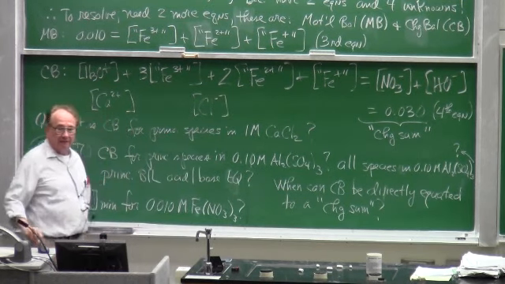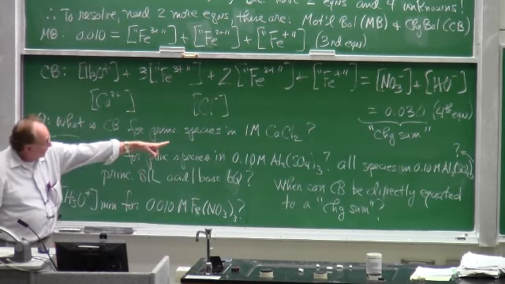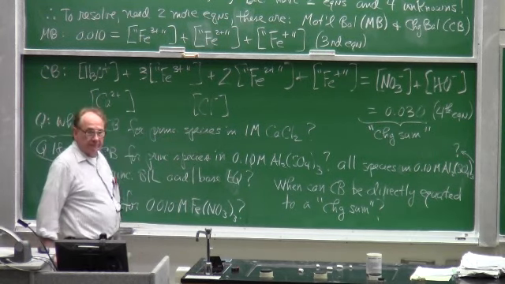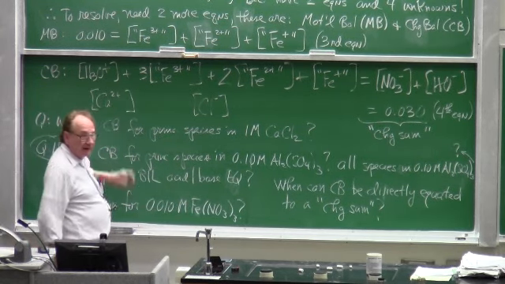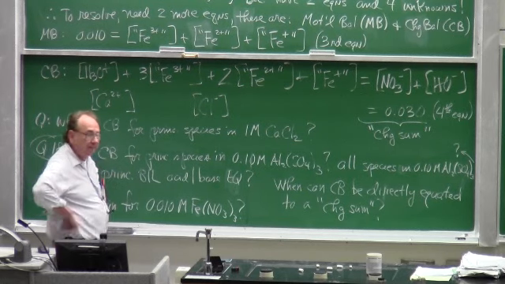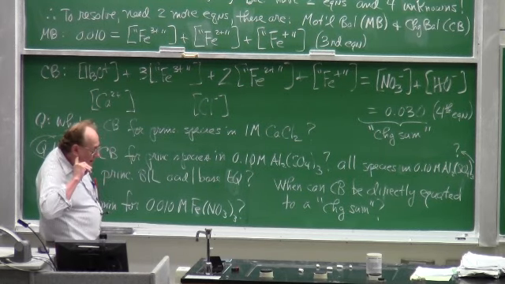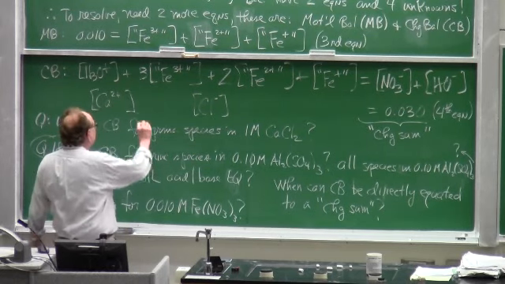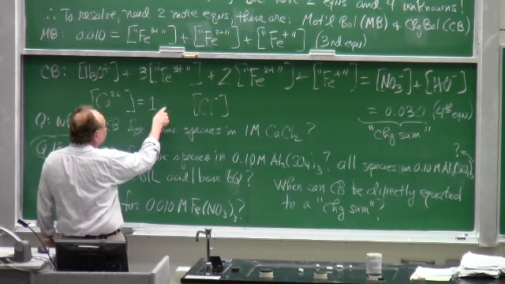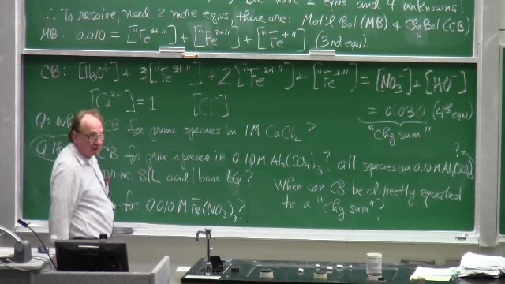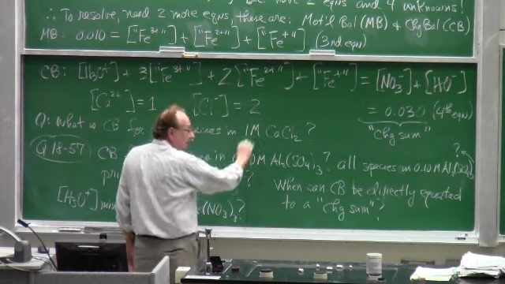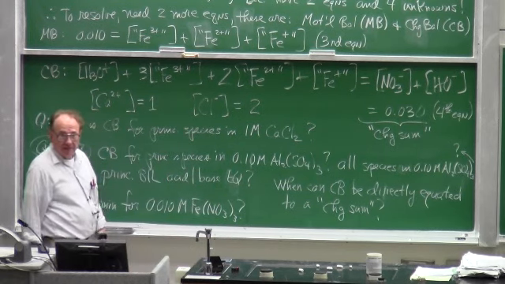Nothing fancy about that. Now we look at the label on the bottle. For this solution, what is the calcium ion molarity? 1 molar. And we don't have to write an M because the square brackets say we're talking about molar concentration. What's chloride ion molarity? 2. Nothing fancy about this, is there?